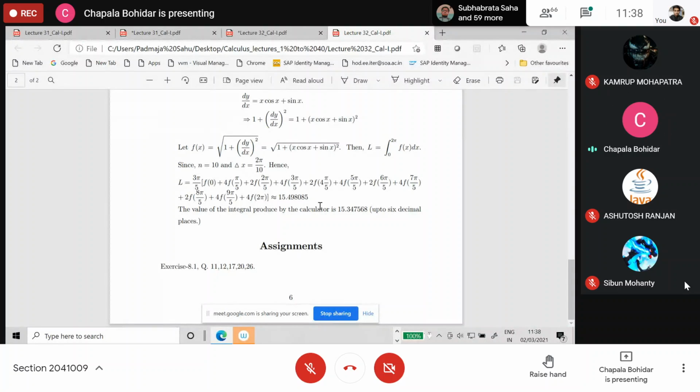Does anybody have a programming calculator? It is written wrong here. It is only f of 2 pi, not 4 multiple. It is also written wrong here. So I don't think the answer is correct here. This is question number 23. The answer is in your book.